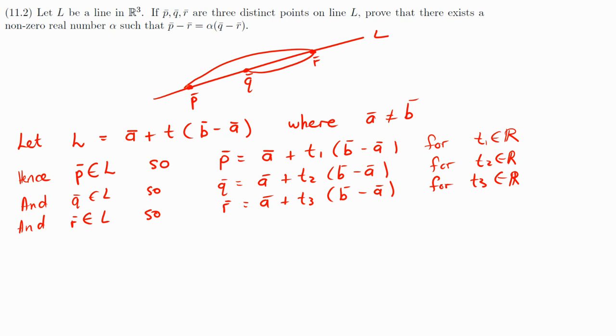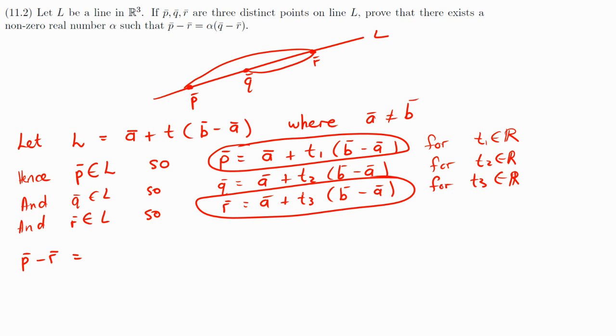Okay, so now what is PR? Let's go work that out. So P minus R is what? P minus R will be this part, so this minus this. So it is T1B minus T1A, subtract this part, which is T3B minus T3A. Let's see how this simplifies.